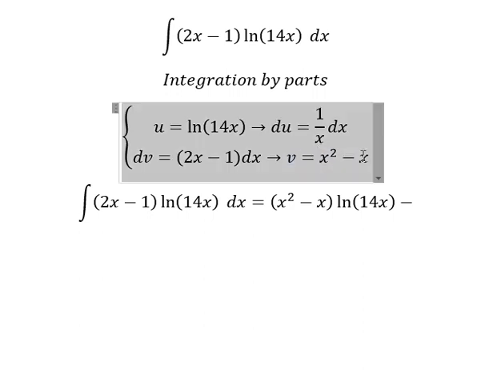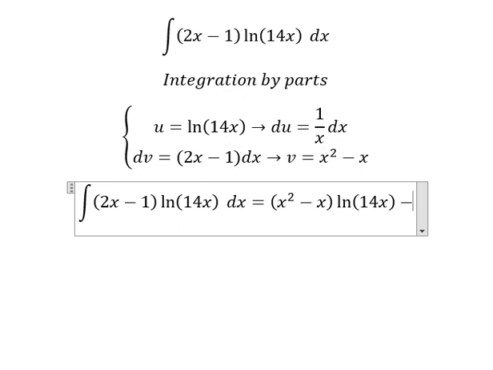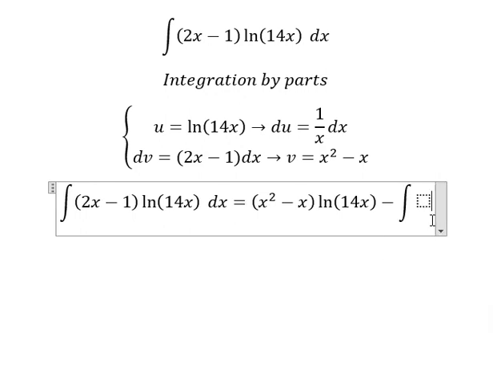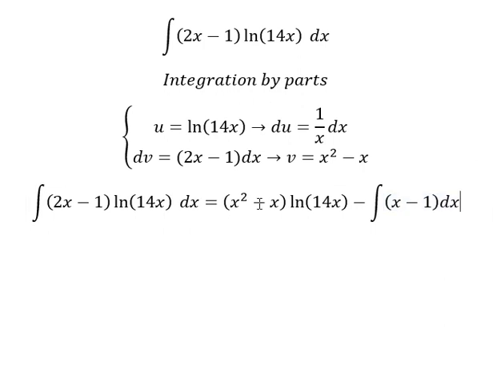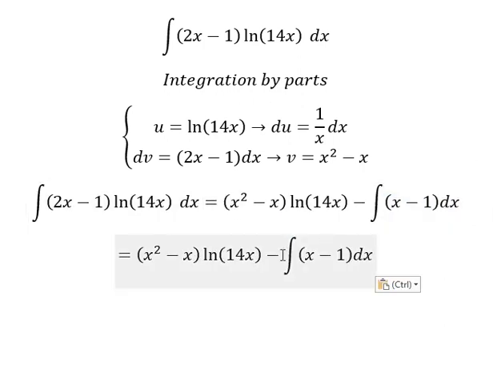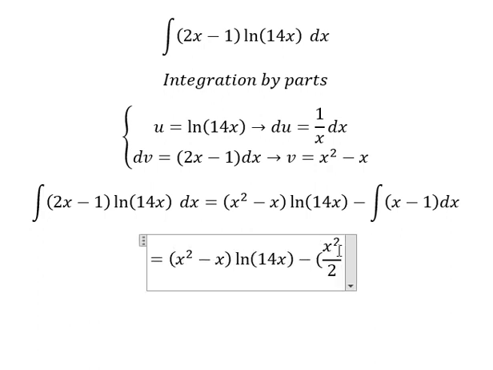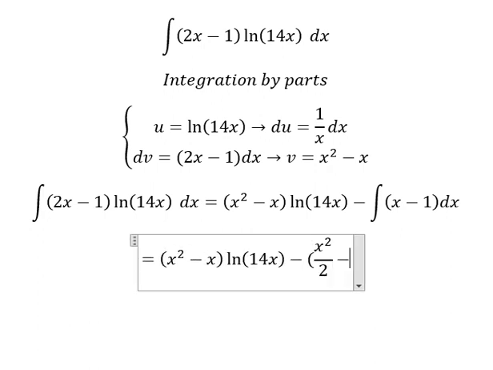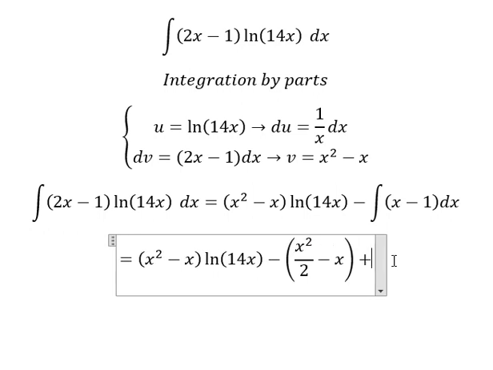So this one divided by x. So we have the integration of x minus 1. Now the integration of x is x squared over 2, and negative 1 gives negative x, and I will put c.